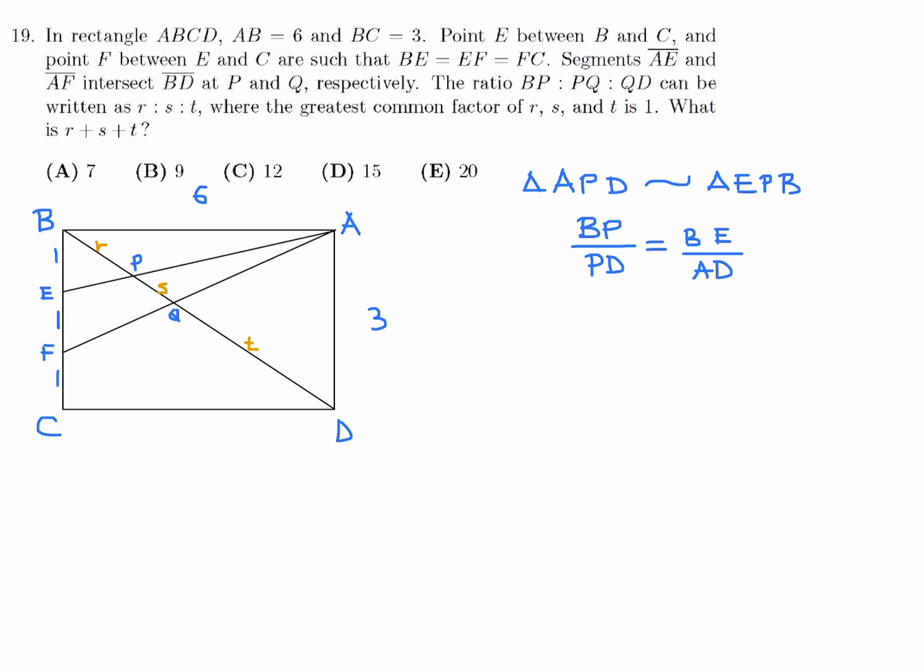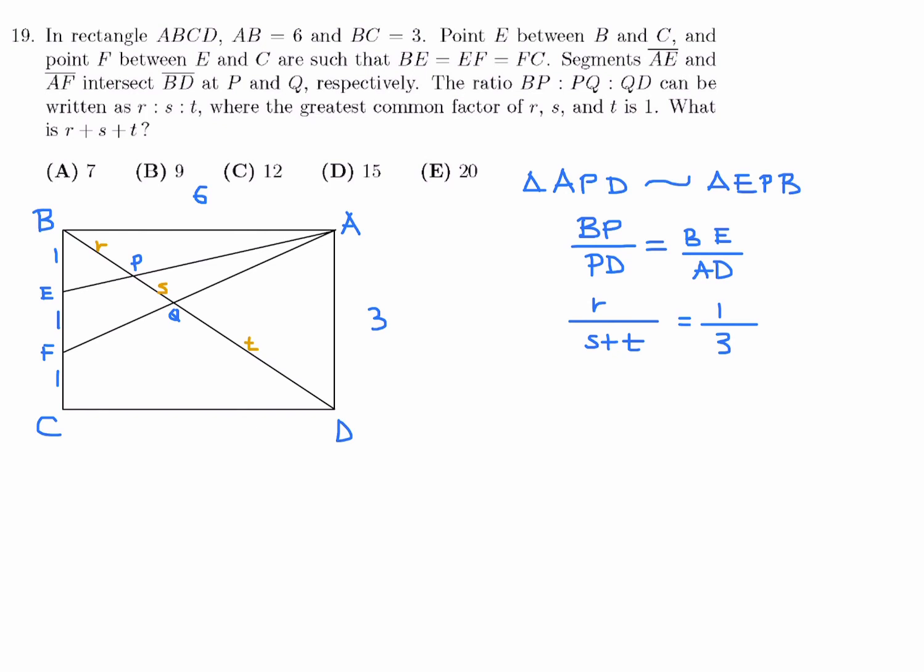Okay, well, let's put in what we know. BP is R, PD is S plus T, and on this side, BE is 1 and AD, sorry, is 3. So that means that this over this is 1 over 3.